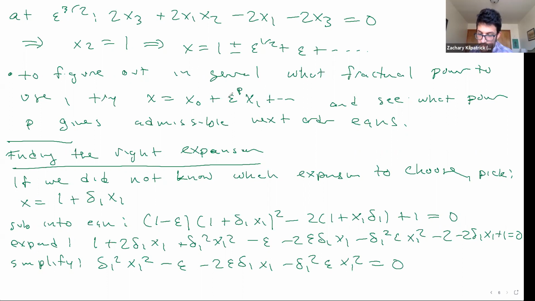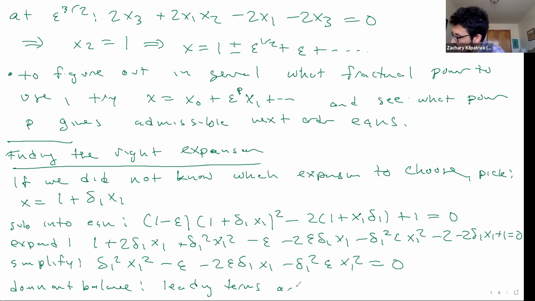So the idea here is like what we were talking about in the case of singular perturbations, that we want to find the dominant balance. How do we pick delta so that the leading order terms match up? Well, leading order terms are delta 1 squared x1 squared and epsilon, right?